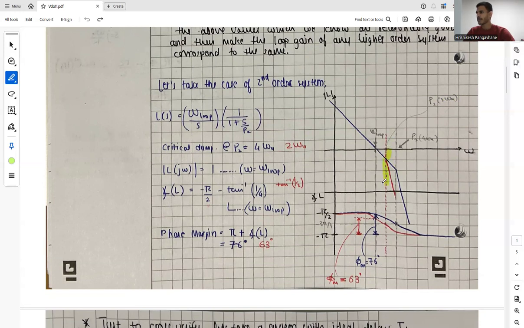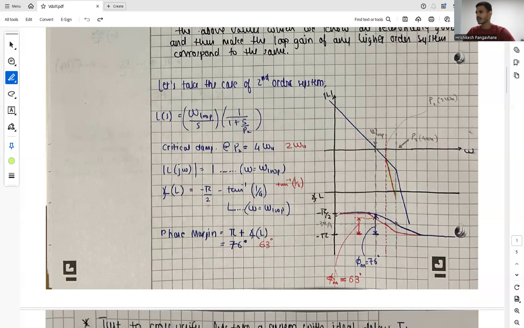So at this point, we know that the negative ramp changes its fall from minus 20 dB per decade to minus 40 dB per decade at this point, like this.